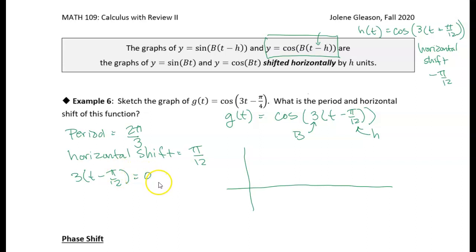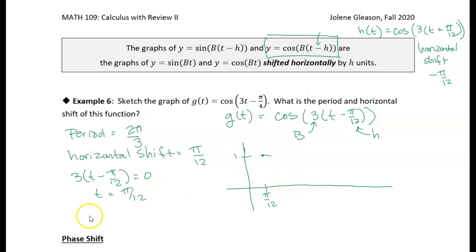That will give us the start of a cycle, and that happens when t is equal to pi over 12. So this is pi over 12, the start of a cycle. It's a cosine with an amplitude of 1 because our a is 1, so let's say this is 1. It's going to start there.